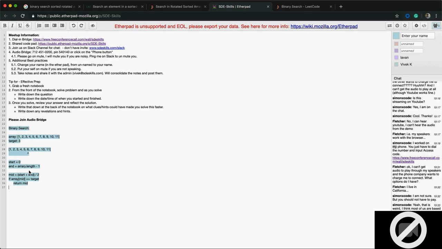If it is smaller than the target, you repeat the process again, reinitializing your start variable to mid + 1. Else, you reinitialize your end variable to mid - 1.